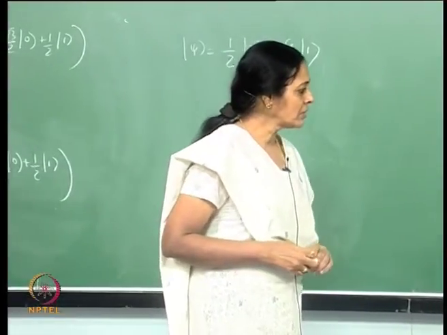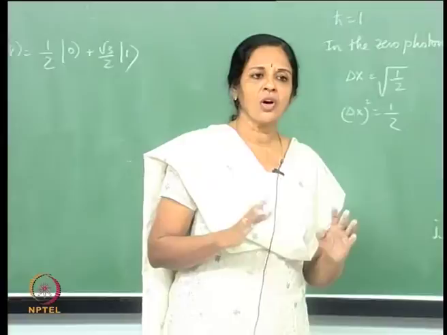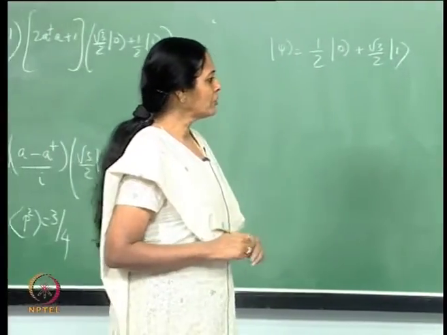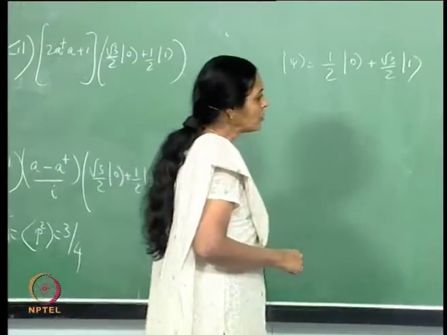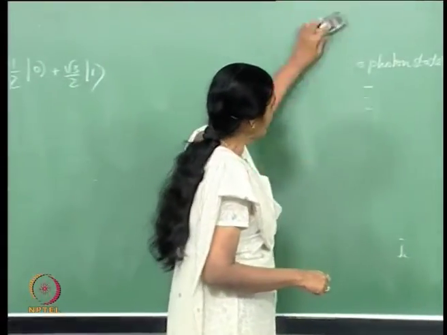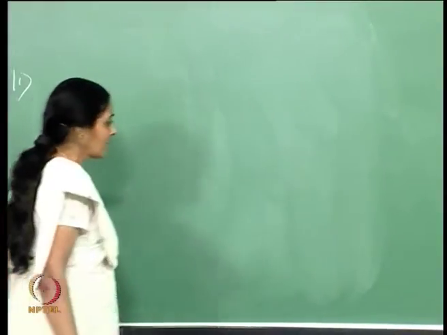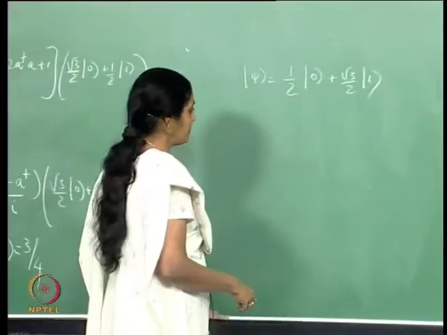Quantum optics abounds in non-classical states of light. To illustrate the power of quantum superposition, I want to show another example, not in the context of squeezing, but in a very different context.